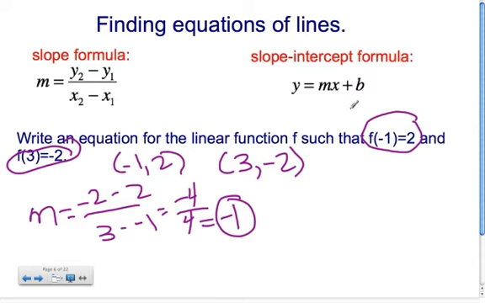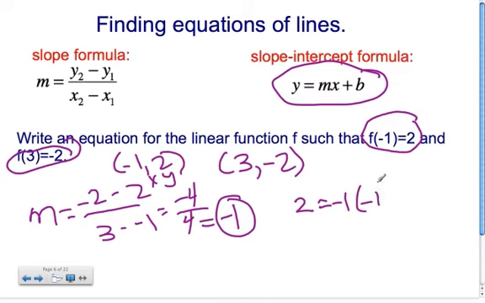And then I need to put it into my slope-intercept formula. So I can just use this first point, (-1, 2). So I've got 2 as my y value. My slope was -1. My x value was -1, and I need to find my y-intercept, or b. So if I just do the math, 2 equals -1 times -1, which is 1, plus b.